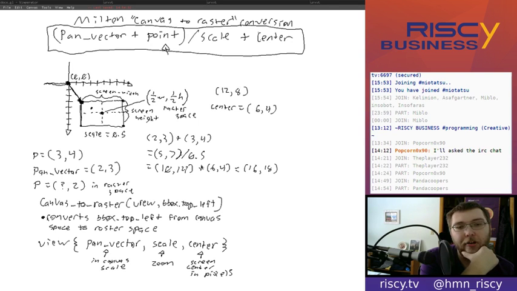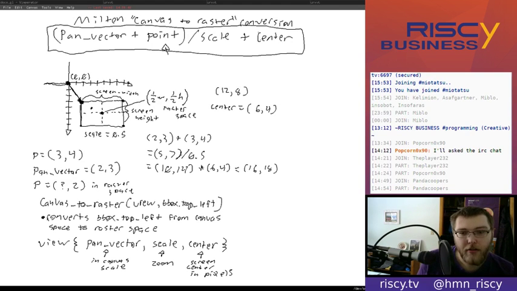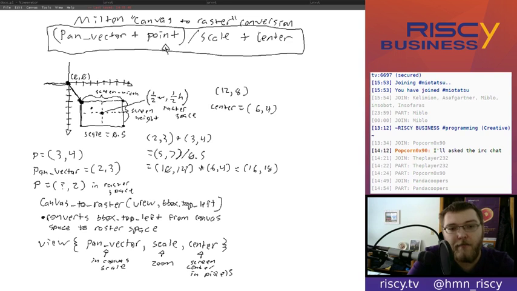So where am I going wrong here? I'm almost out of time too, so we're not going to figure this out today. But we've got like 5 minutes to mull it over. So canvas to raster.